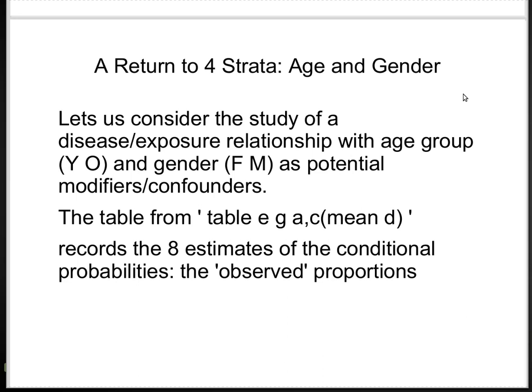Well, such a set of 4 2x2 tables determines precisely 8 estimates of conditional probabilities. These estimates are the proportions that we get in each of those categories. This could be, for example, set up in Stata with this very simple table command.